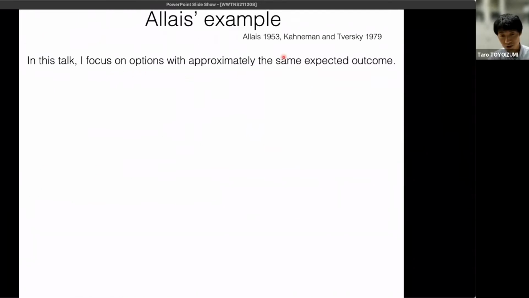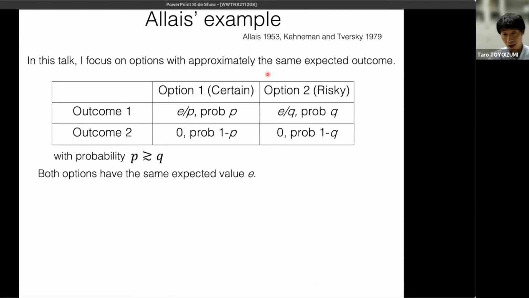The Allais example is described by this table with two options and two outcomes for each option. It's a simple one.